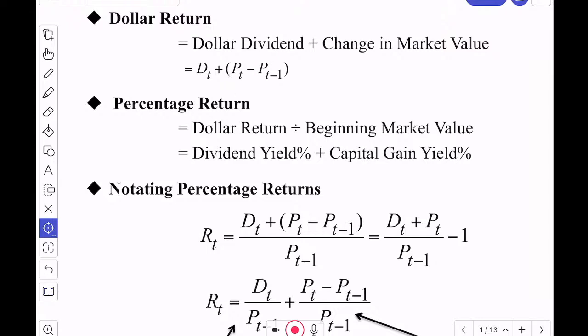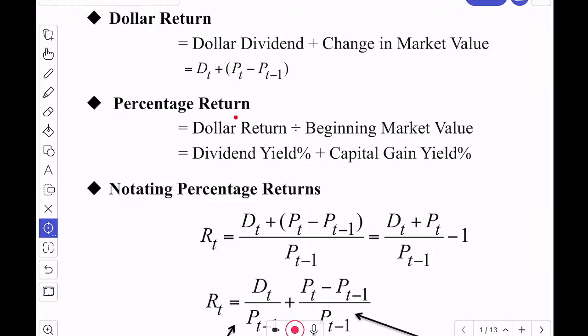Now I haven't said years because it doesn't have to be years. Returns can be in days, hours, months, quarters, or years. It could be at any time scale. That's why I just use T. So that's what a dollar return is.